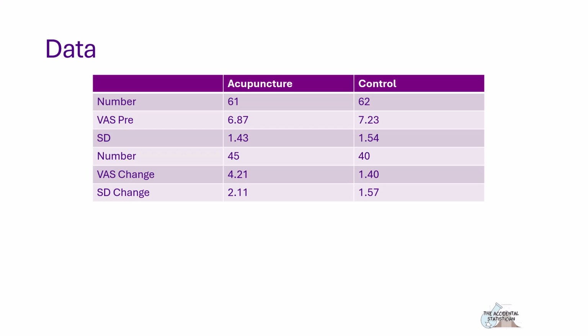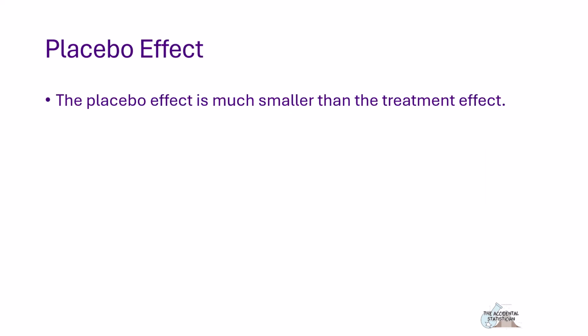So this is probably one of the strongest evidence papers for the effect of acupuncture, and unlike the others, it doesn't have the same problems with dropout. So this is probably the most convincing evidence. The placebo effect is much smaller than the treatment effect.